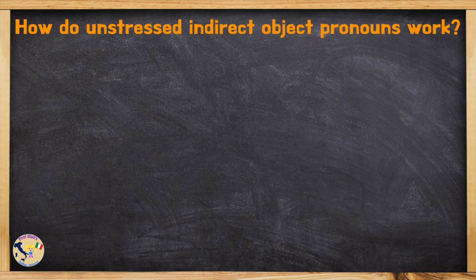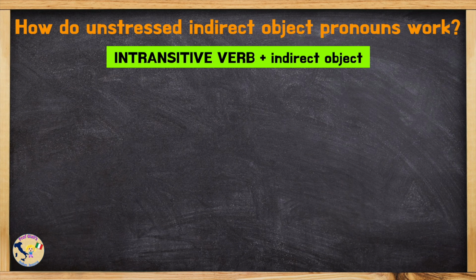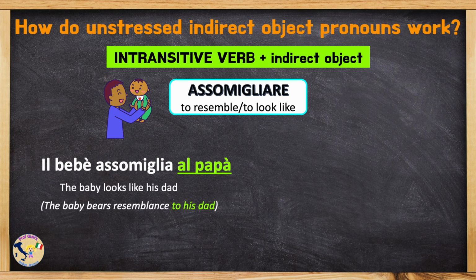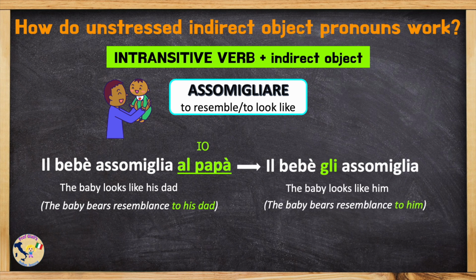Let's now look at an example of intransitive verb plus indirect object using the verb assomigliare, to resemble, to look like. In the sentence "il bebè assomiglia al papà", "al papà" is the indirect object. If we want to replace it with the unstressed indirect object pronoun form, we say "il bebè gli assomiglia".